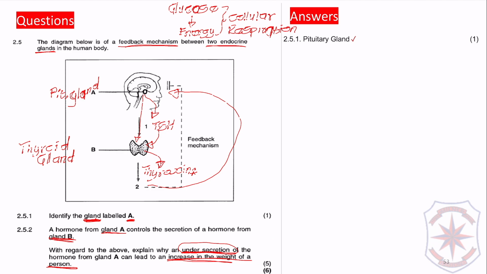Now, if we have less glucose broken down by the body cells, it means that the metabolic rate will be slower. Okay? Now, when glucose is not broken down, or when glucose is not metabolized, it means that the glucose will be stored, guys. We do not excrete or get rid of glucose.